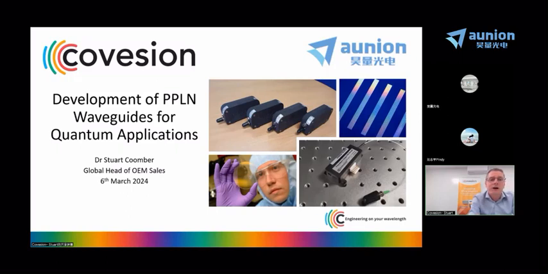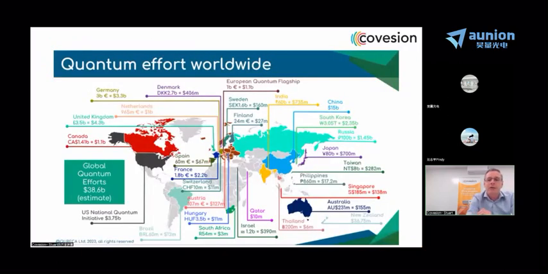So I'll start just with a little bit of background, just to talk about the motivation for the work here. The map here just provides an overview of the amount of investment across the whole world in quantum technologies.